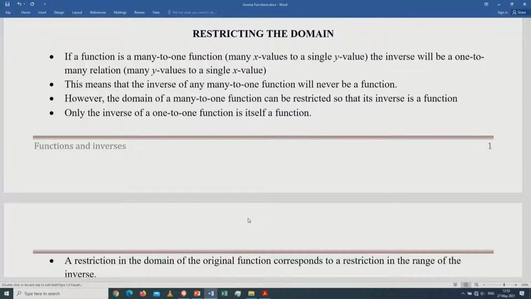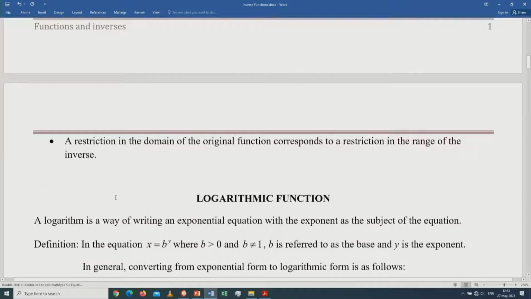Very much important. We'll do an activity relating to the restriction of the domain. Take note, a restriction in the domain of the original function corresponds to a restriction in the range of the inverse. Very much important. Take note of that.